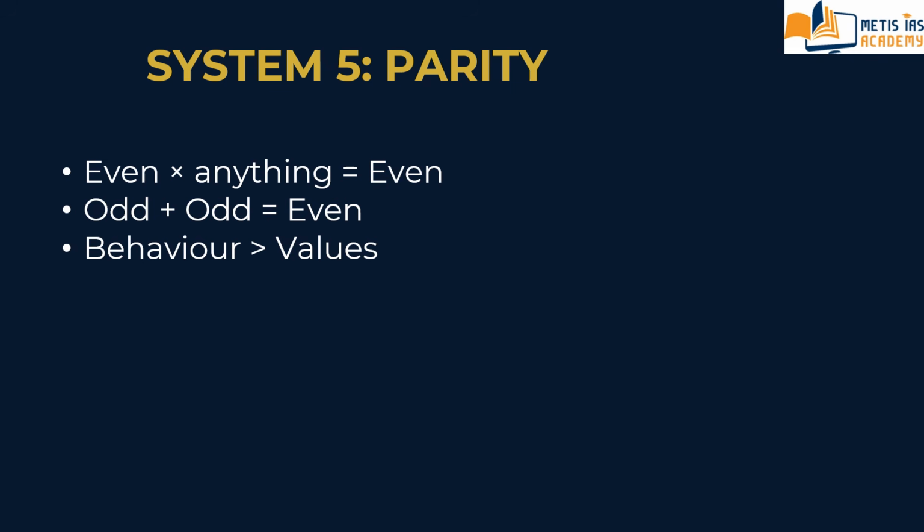After that, we are moving to system number 5, that is number property, also called divisibility. The question is taken from CSAT 2021: the number 3798125p369 is divisible by 7. What is the value of p? This is not brute force.